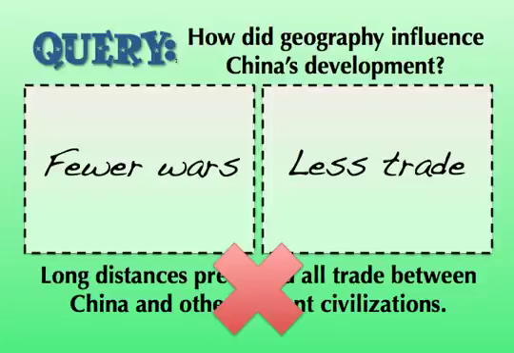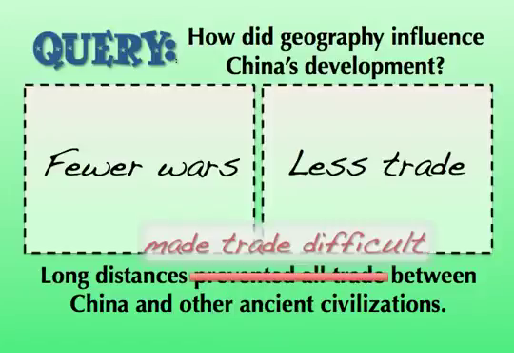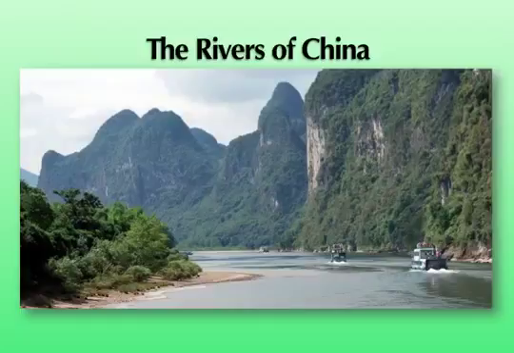Of course not. It's not going to prevent all trade. But what we might say is it's going to make trade more difficult. We're going to see it be more difficult for merchants to bring goods in and out of China. It's going to be difficult for ideas to travel in and out of China as a result of these natural barriers.